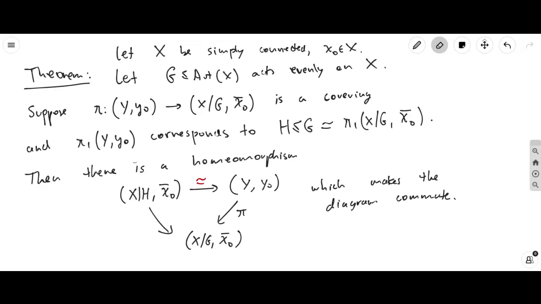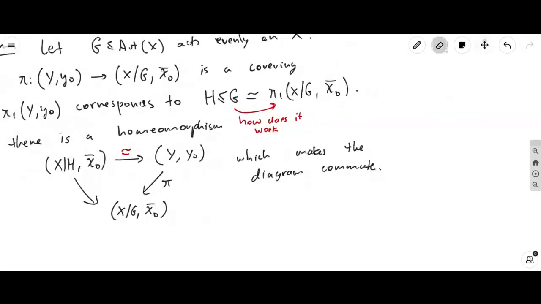Before we prove this theorem, I would like to go over an example that illustrates how this works. But it would be helpful to maybe talk about this isomorphism over here. So let's maybe say something about this isomorphism. How does it work? We talked about this before, but I want to go over this part again.